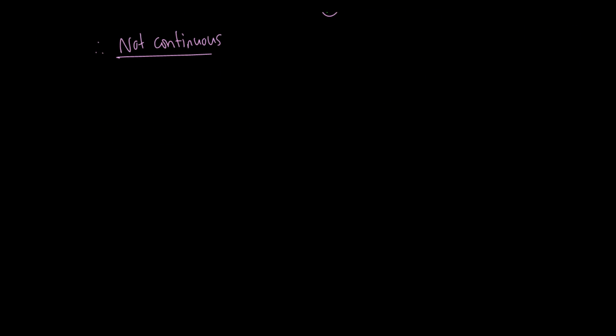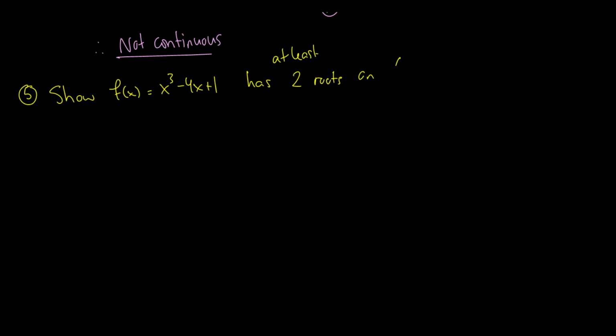Okay, number 5. We want to show that our function f of x equal to x cubed minus 4x plus 1 has at least 2 roots on -3 to 2.